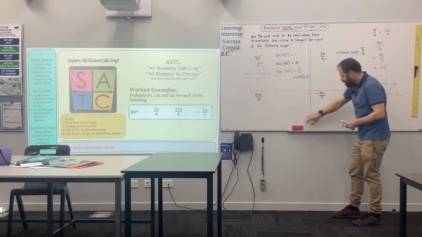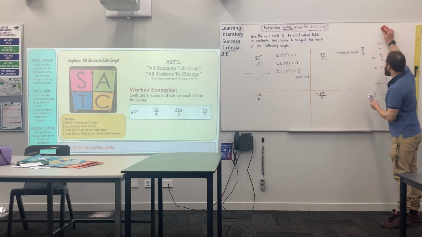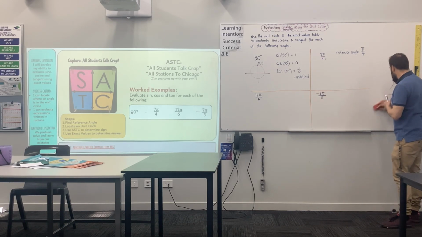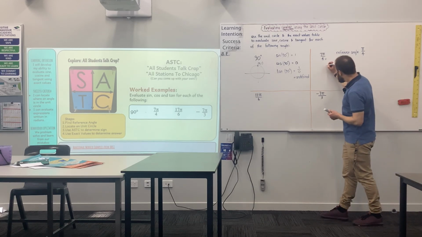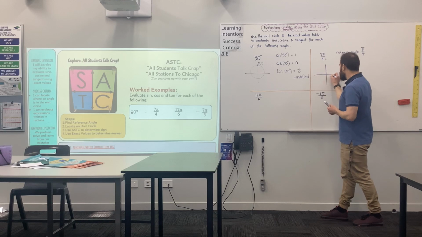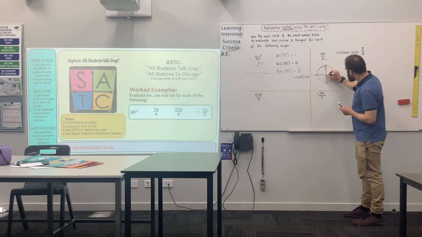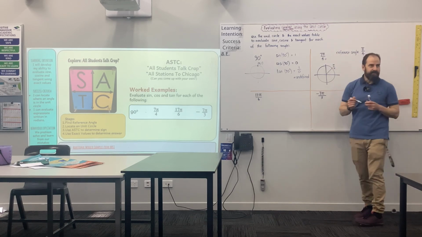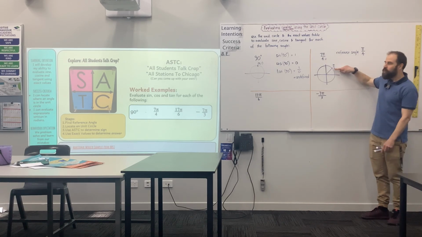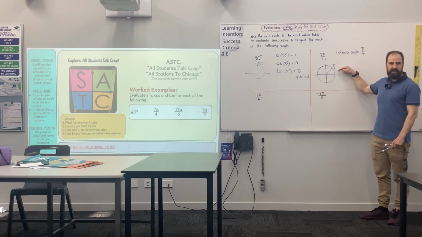Second step, I'm going to work out where this is. Where is 7 pi on 4 in the unit circle? To do that, I'm going to draw myself a little unit circle. And I'm going to say, all right, well, my reference angle is pi on 4, so that's there. But I don't want pi on 4, I want 7 pi on 4.